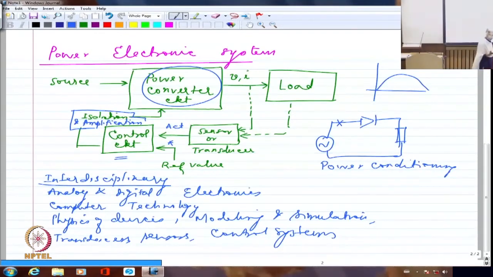What is UPS? Uninterruptible power supply will make sure that 230 volts, 50 Hertz is given to my computer, no matter what. SMPS makes sure that plus or minus 5 volts, plus or minus 15 volts, 3.3 volts, all of them are given to the computer circuits, whichever require whatever voltage. So, I am creating a problem with other power electronic converters, but SMPS and UPS take care of these problems.